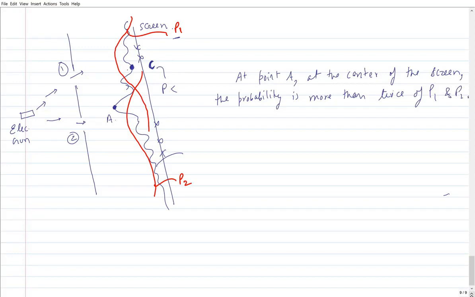That's also strange, because it seems as if when I'm closing one of the slits, it is actually reducing the probability from the other slit also.